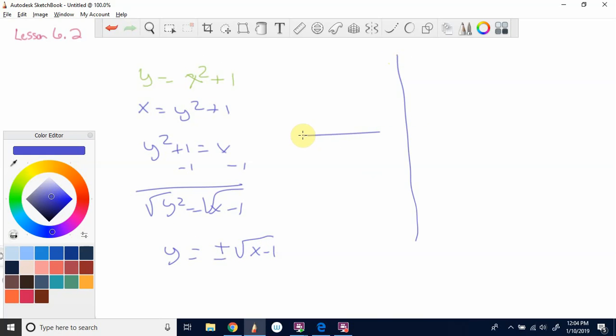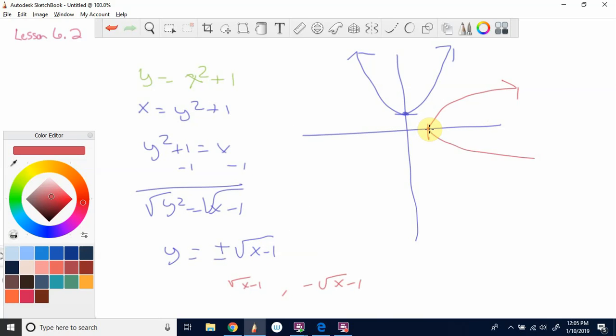So if we graph the original problem, it's a parabola that starts here and does this. Okay, then if we graph this, so these are two equations. Remember, this is square root of x minus 1 and negative square root of x minus 1. Well, that means it went to the right for the positive, and then the negative just reflects over the x-axis.